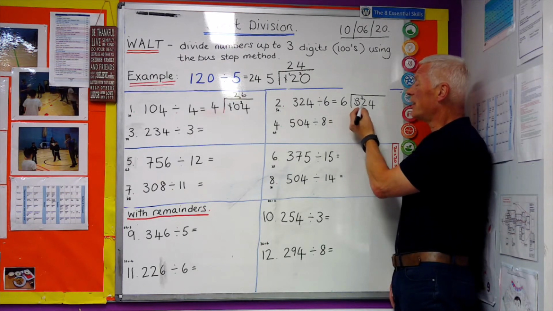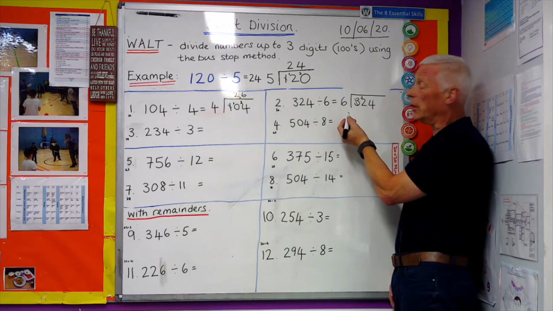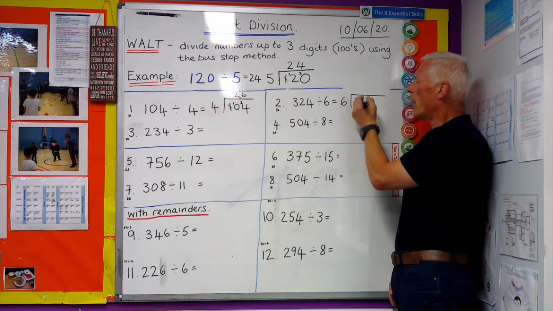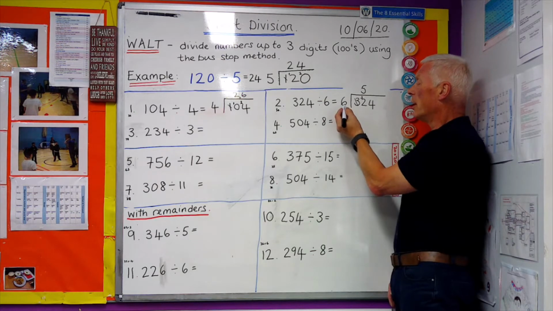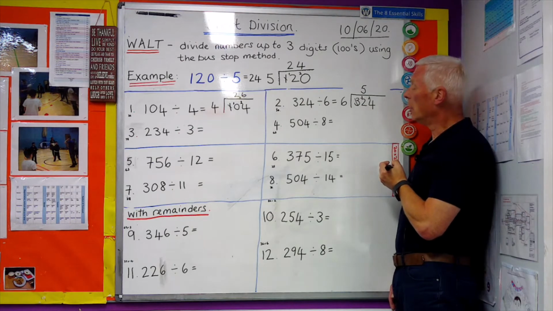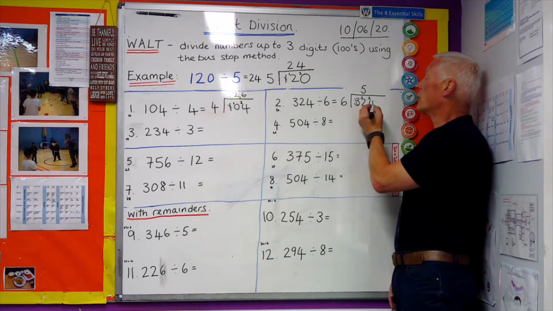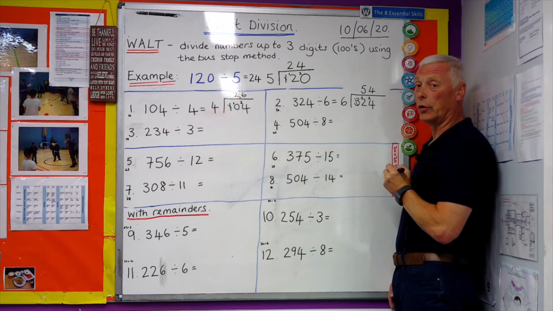How many 6s go into 32? All right, well 5 6s are 30. I think that's near enough for what I can get. It's got 2 remainder again. How many 6s go into 24? Work that out on your multiplications. How many 6s go into 24? 4 times 6 is 24, so the answer is 54.